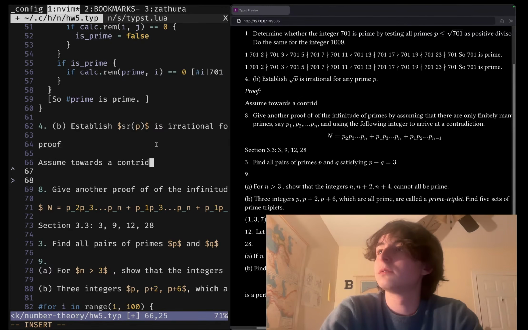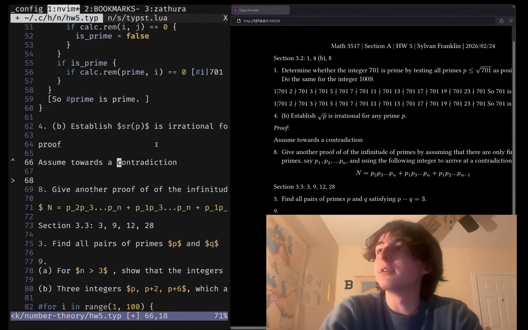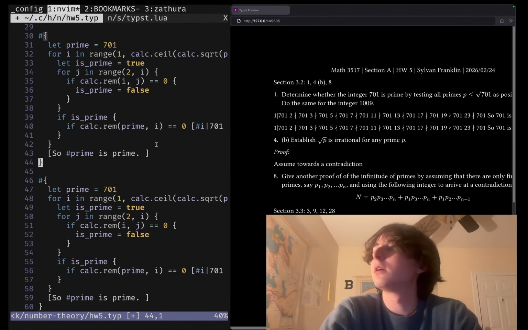Assuming we're going to do this with a contradiction. Yeah, you can discuss specifics of solutions. Oh shit, you're right. Good call.